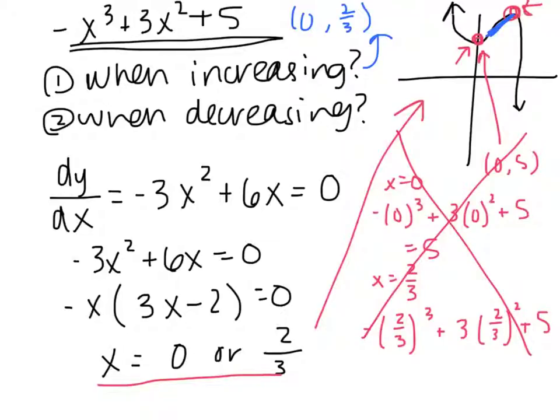And then we can say it's decreasing at the intervals, well, here it would just be negative infinity to 0, and then right here would be 2/3 to infinity.